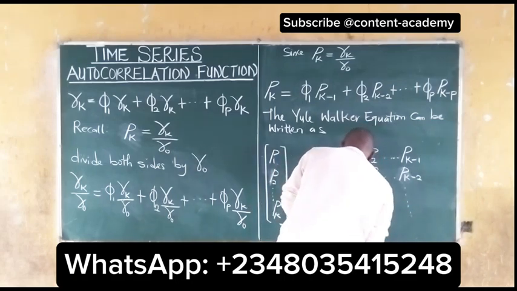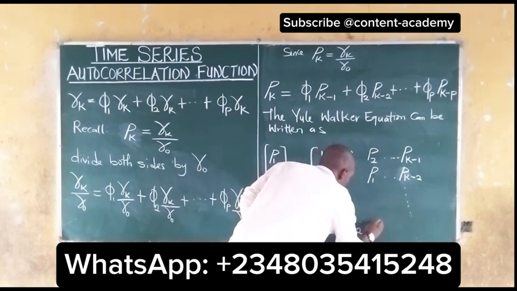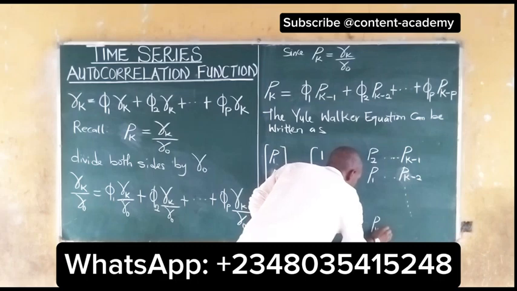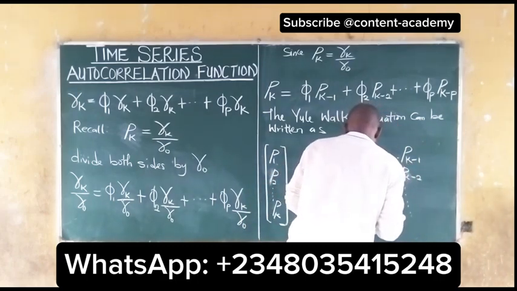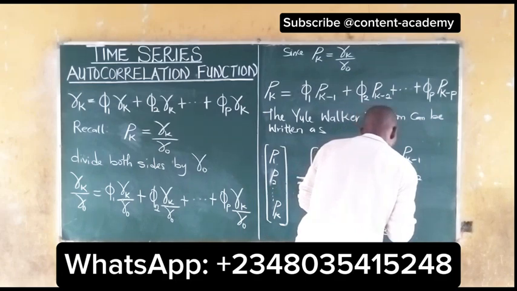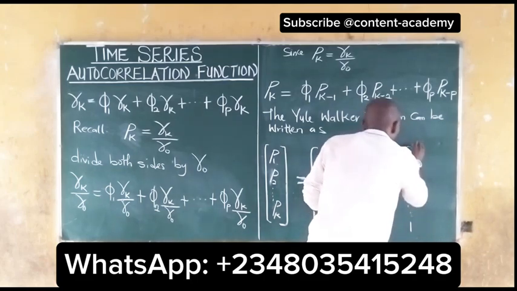Then rho k minus 2, rho k minus 3, and 1.